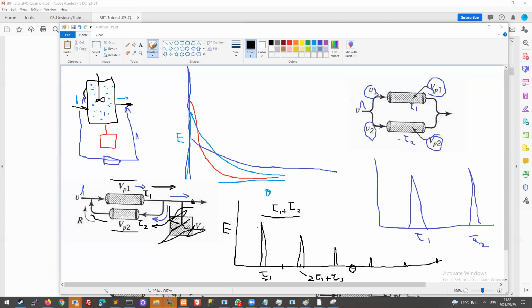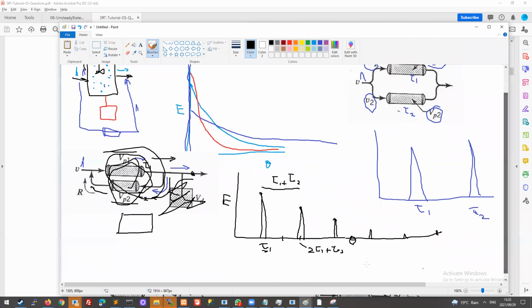The heights are decaying, like a serial dilution effect, but at the same time it's interrupted by this distance tau 1 plus tau 2. So it's kind of looking like a CSTR had a baby with the PFR. The reason for that is you have a kind of circulation going on here, and at the same time the actual delays in terms of discrete plugs. So that's why you see this.